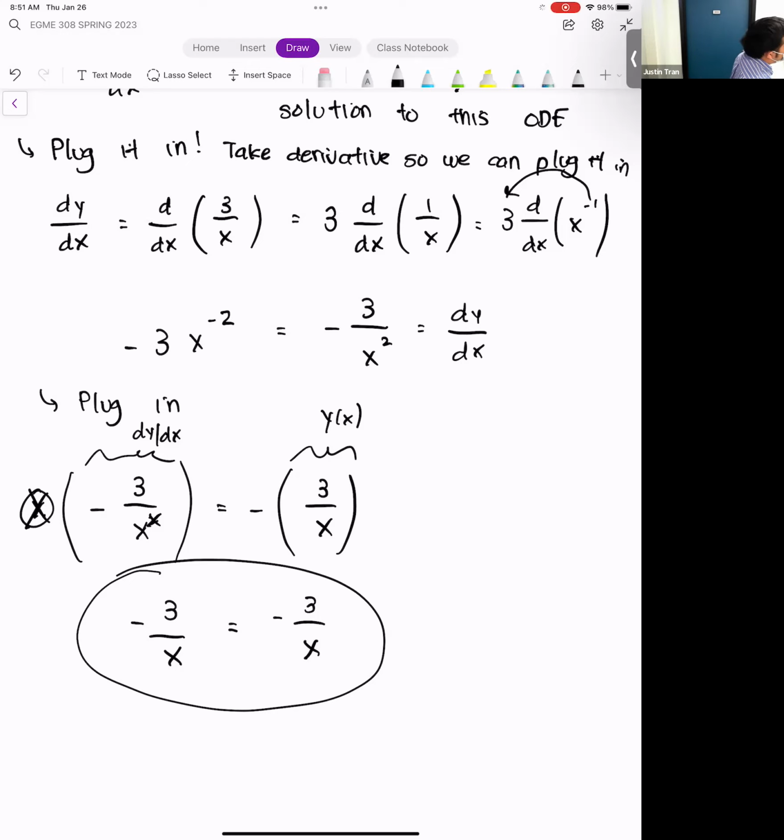Both sides of the equal sign are equal to each other. So this tells us that we are all good, and that our solution 3 over x is indeed a solution to this differential equation.